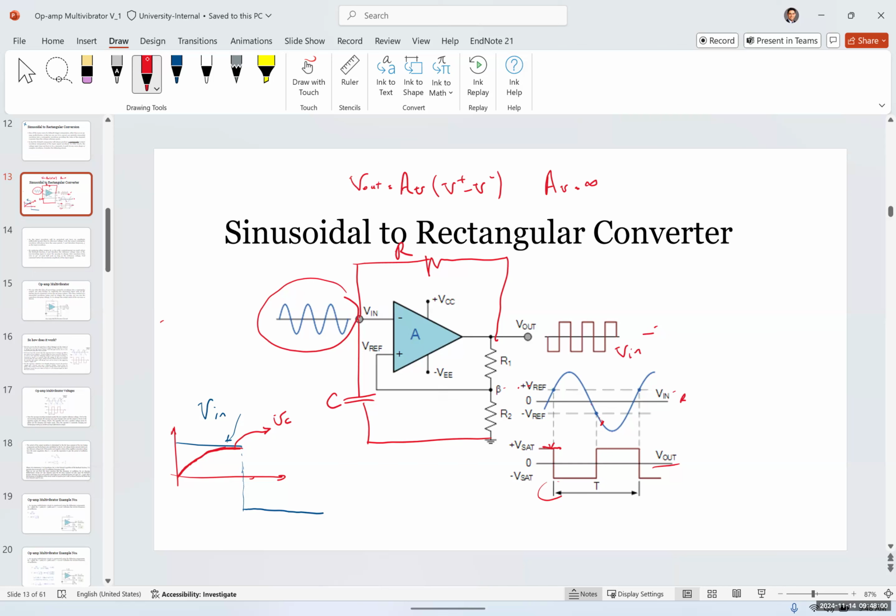Then imagine that when it reaches its maximum, I reverse the polarity of the battery. Now, instead of going, for example, to positive 12, I switch the positive and negative ends of the battery connection to the capacitor. Then the capacitor starts slowly discharging and charging towards the negative. And if I have this cycle, I'm going to have a capacitor voltage that looks like this.